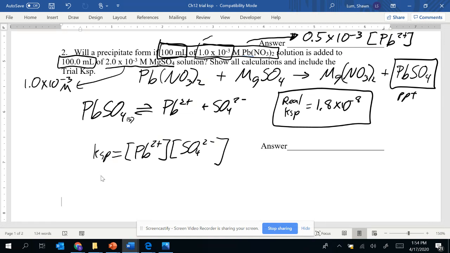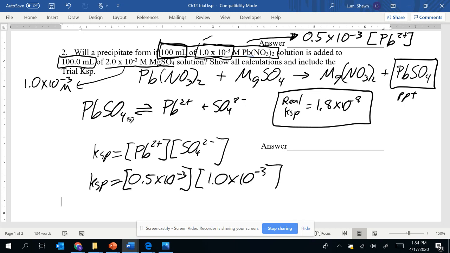So what this is going to now look like when I turn this into a formula is that now that we have our new concentration, it's going to be 0.5 times 10 to the minus 3, and you can write 5.0 times 10 to the minus 2, same number, and you're going to times that by 1.0 times 10 to the minus 3. That's what we said.